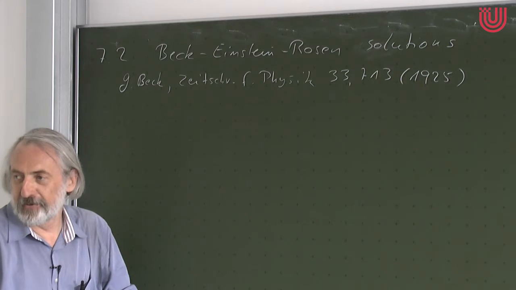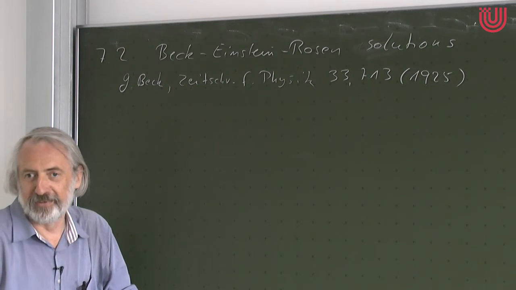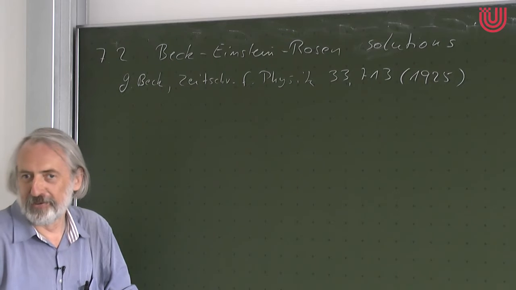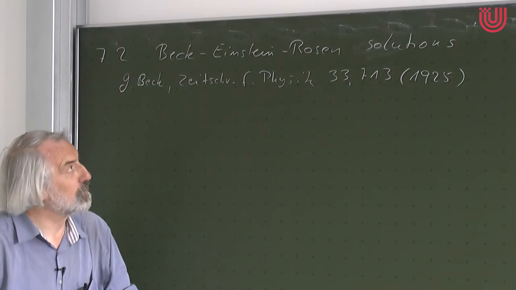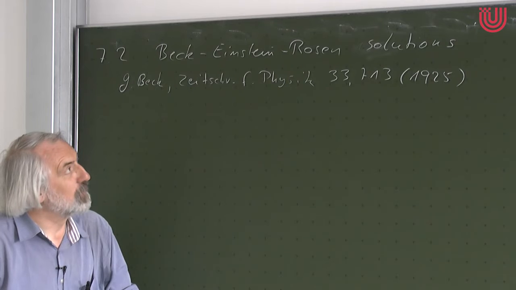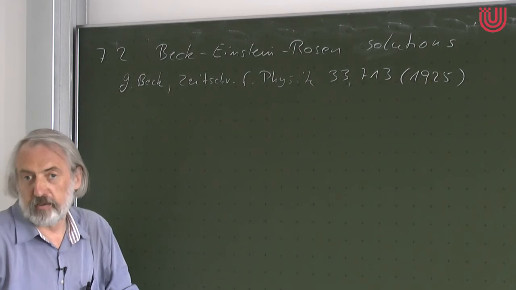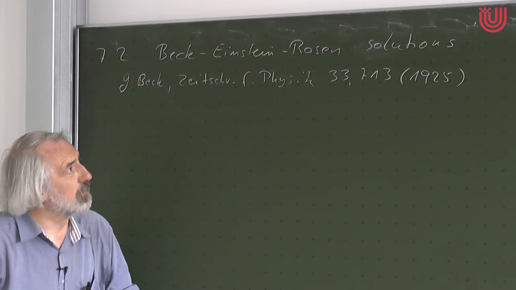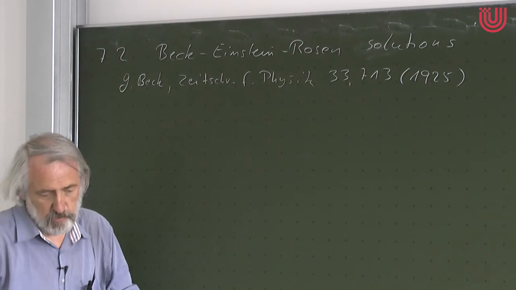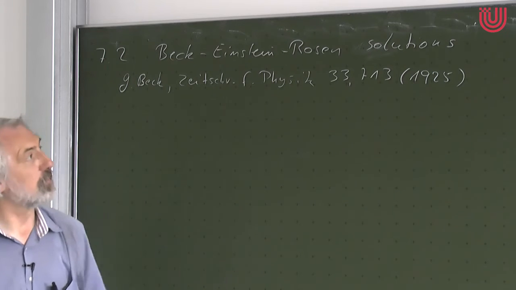There's one famous paper where they collaborated. I think everybody has heard about this. There was a third person involved. Who knows who was the third? Podolsky. Yeah, he came from Russia, Boris Podolsky. And this was the famous Einstein-Rosen-Podolsky paradox paper, where they questioned the probability interpretation of quantum mechanics.